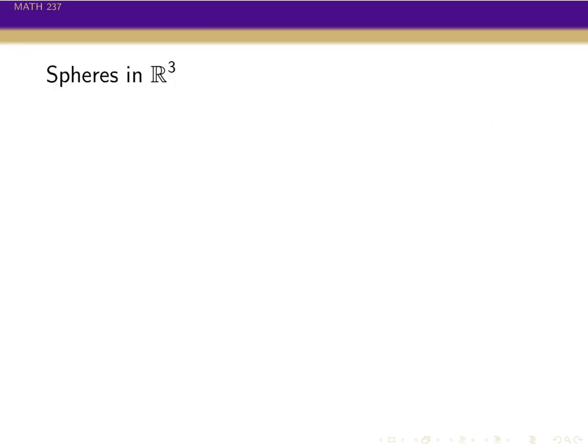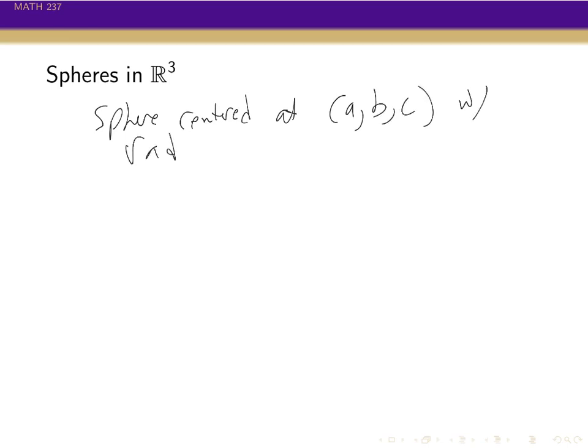So if we want to do the same trick in R3, we don't get circles, we get what are called spheres. Hopefully you know what a sphere is. And so it's the same idea. So for a sphere, we're going to center it at some point, let's call it (a, b, c), with radius r.